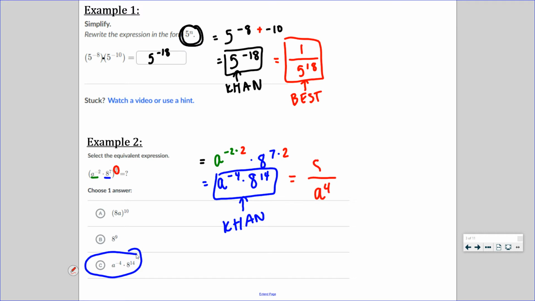It becomes happy, and then that b to the 14th, that's a positive exponent. That would stay upstairs. It's happy. It's good. That's the best answer. So for Khan, just pay attention to the directions. If it's multiple choice, look for something like that, but in the future, we're going to fully simplify that.